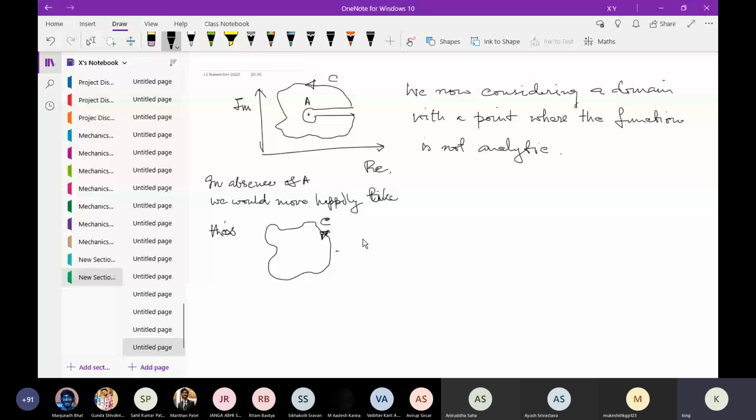So this would have been our C. But because A is present, we are splitting C into two paths. We are going to a point B out here, in the neighborhood of this point B. We are taking a sharp turn, moving this way, and then taking a small circular path C1 and coming back to our original path again this way.